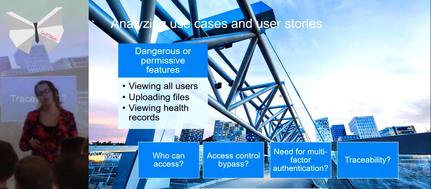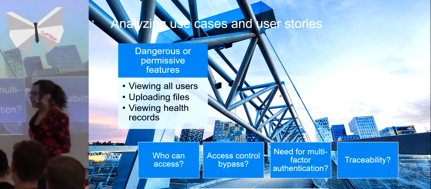If every customer is able to see every other customer, they see who else you are working with, and that might not be public information in all cases. Or if you're able to upload files, if you don't restrict that in any way, it could be dangerous. Someone could try uploading malware. Or viewing health records, revealing potentially sensitive stuff.